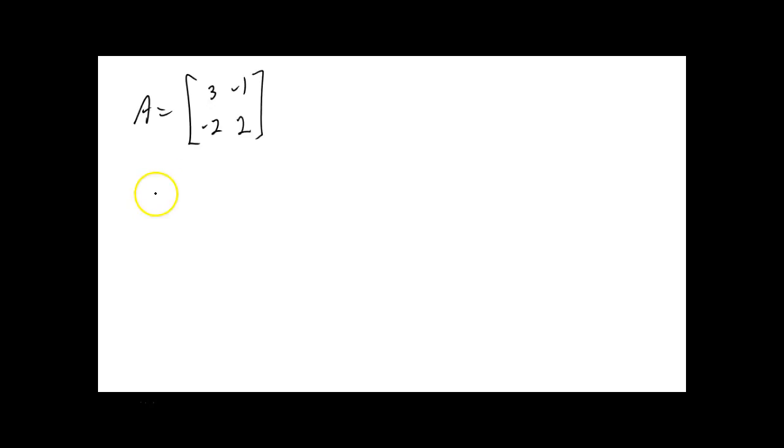Its inverse is then 1 over 4 times what? D, which is 2, and 3 will be down here, and -1 to the right.